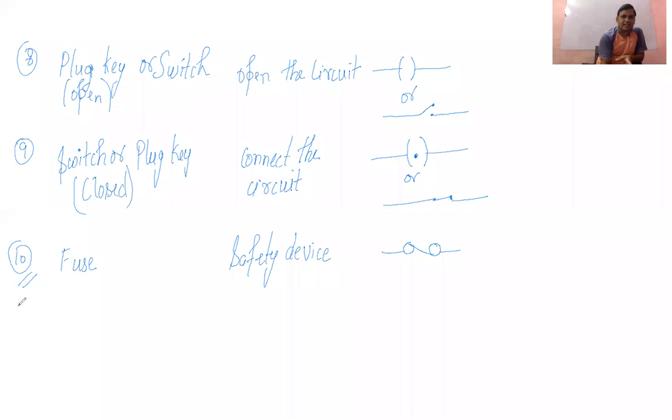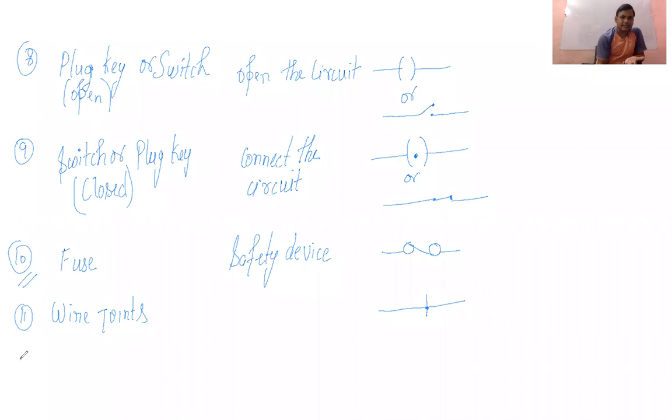And you can see the next one is wire joints. Wire joints will be like this. These are the wire joints.